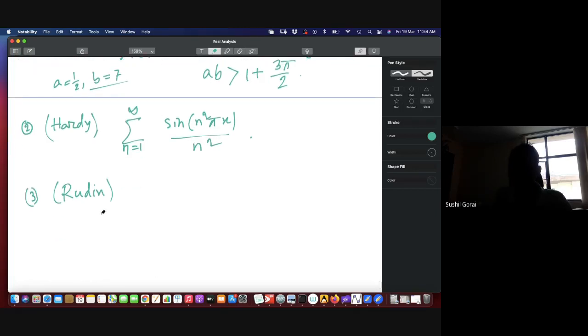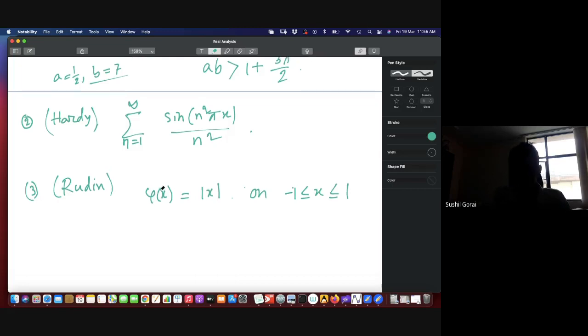Okay. What Rudin takes is, he does a very simple trick using phi of x to be mod x on, let's say, minus 1 less or equal to x less or equal to 1. So at which point is it not differentiable? 0. Right, it is not differentiable at 0. So he wants to build on it right there.